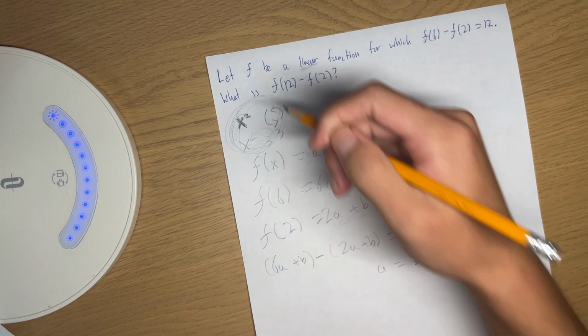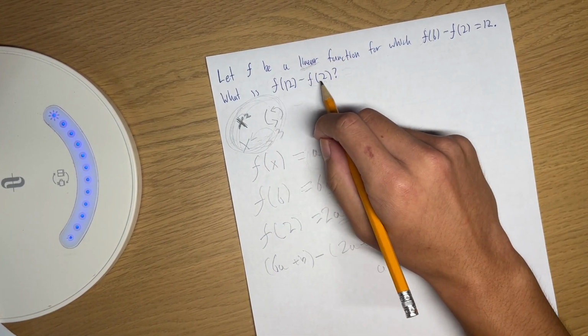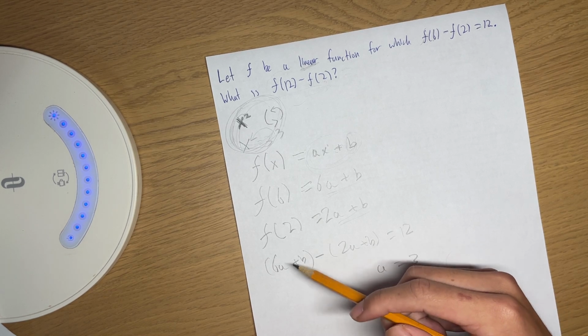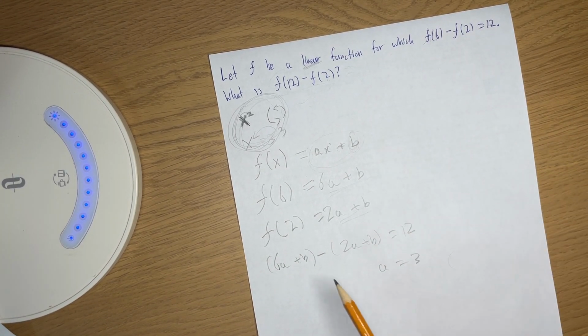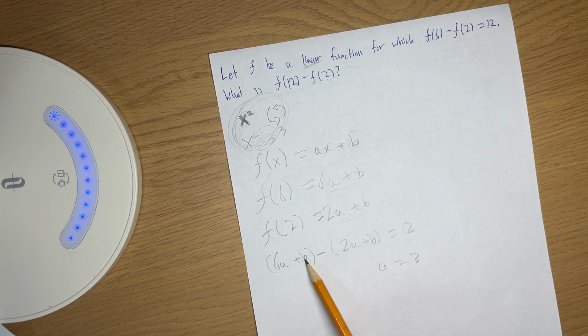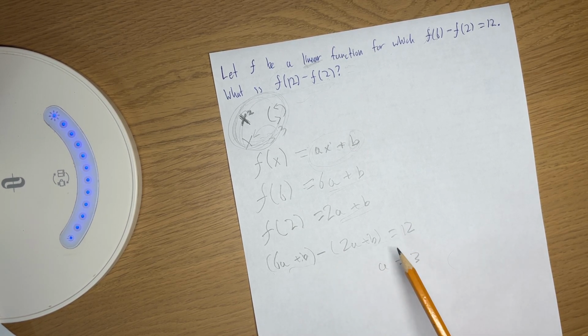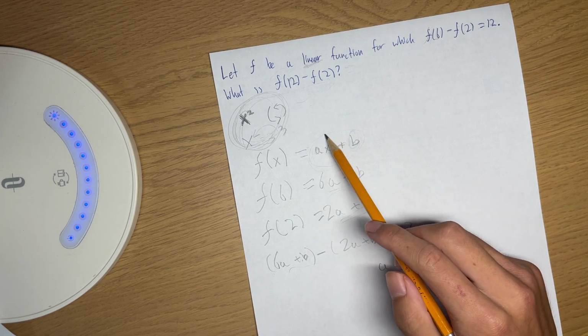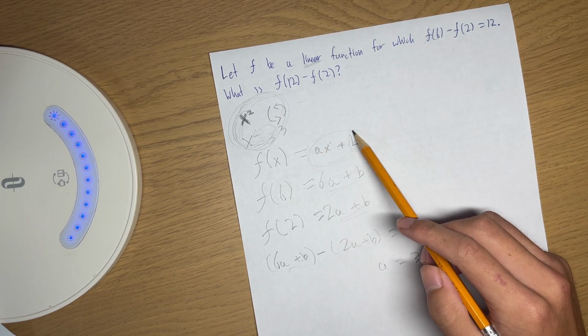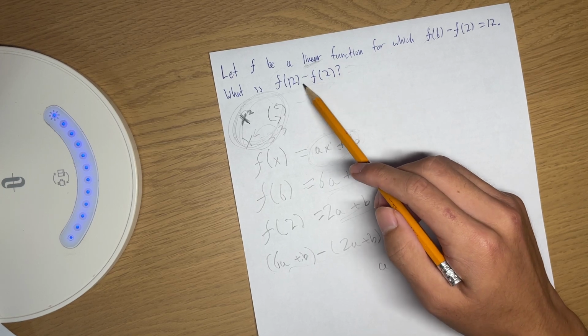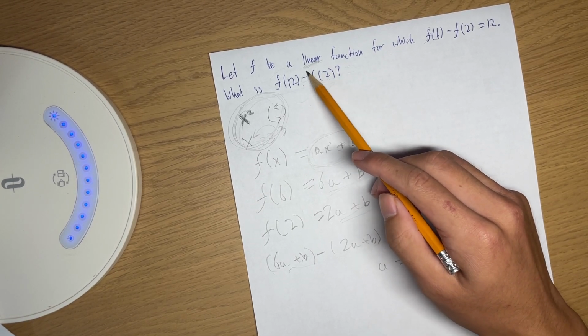Now they asked us what f of 12 minus f of 2 is. And when doing this little substitution, we realized that usually when you have two variables, you need two relations to know their values. This time we only had one relation, but because it's in this form, the constants are going to cancel out, because that's the nature of the constant.